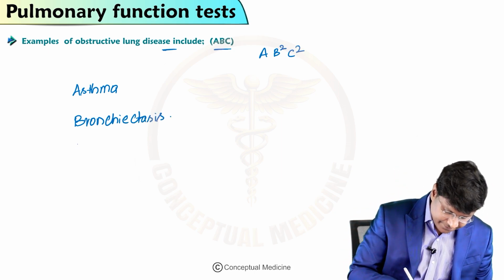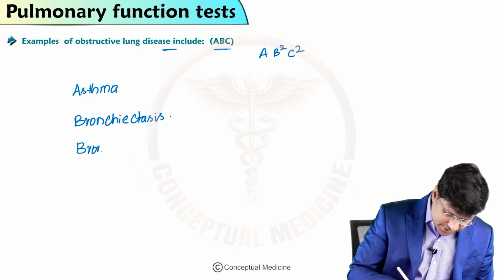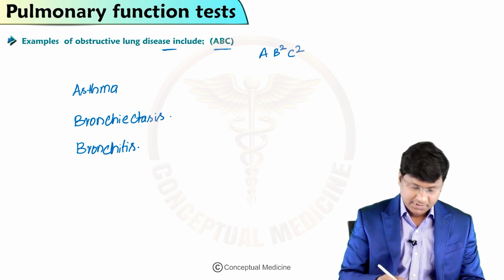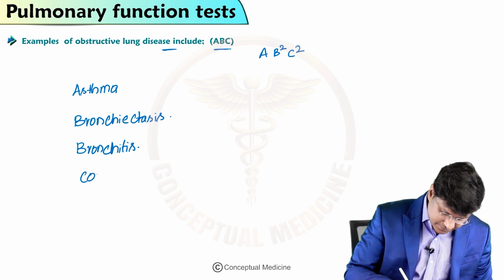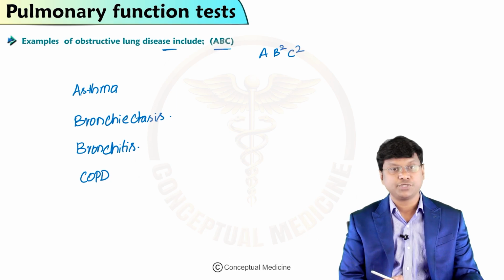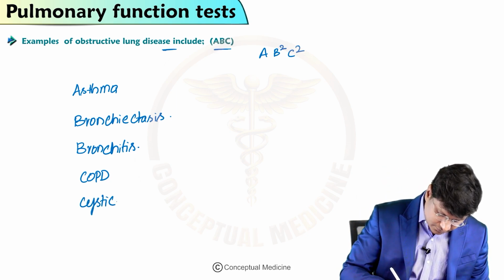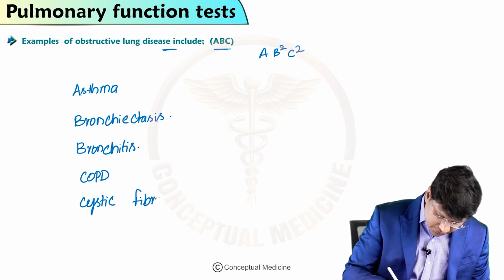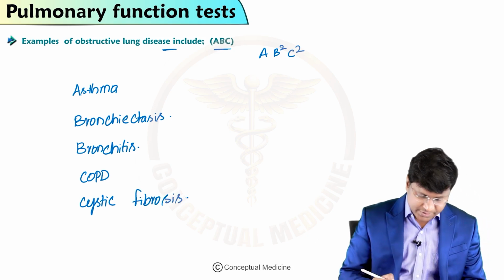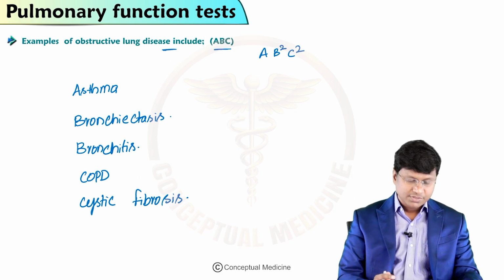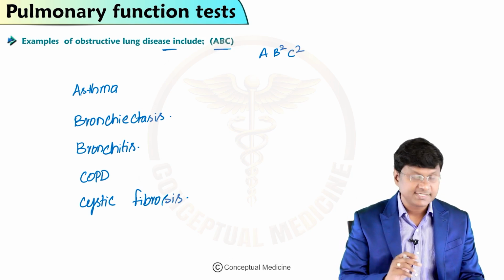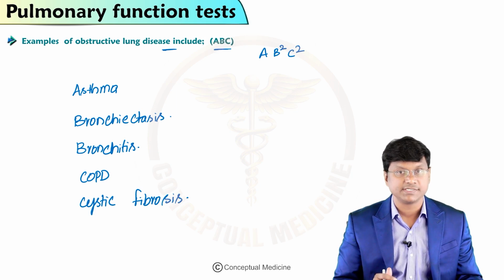And another B is your bronchitis or bronchiolitis. C is your COPD, that is chronic obstructive pulmonary disease. And another C is your cystic fibrosis. So this is what A, B, C stands for in the obstructive lung diseases.